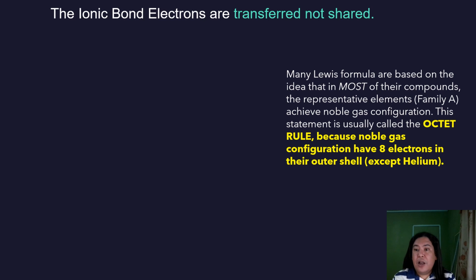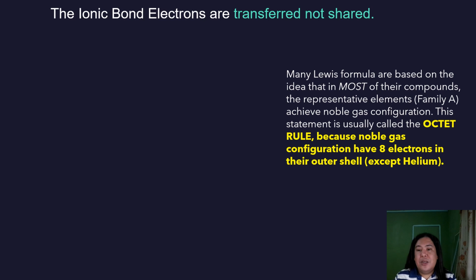Many Lewis formulas are based on the idea that in most of their compounds, the representative elements or the family A achieve noble gas configuration. This statement is usually called the octet rule or the rule of 8. So for an atom to become stable, an atom must acquire 8 valence electrons, laging 8 para maging stable.